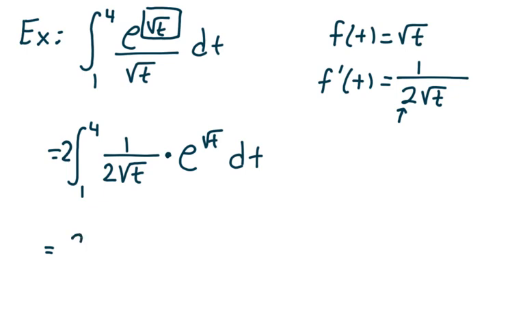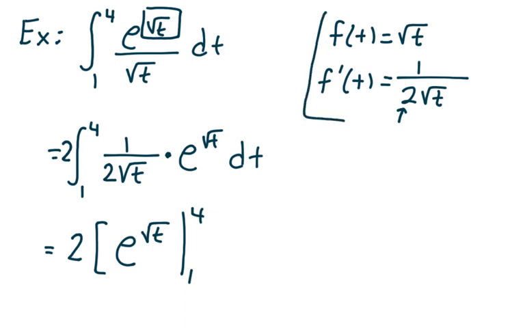And so this is 2 times e to the f of t, which is square root of t, from 1 to 4. So notice I didn't do any u substitution. I mean, I'm showing you this to kind of give you insight into what I'm thinking. But I'm trying to get you to do a wider variety of problems without u substitution.